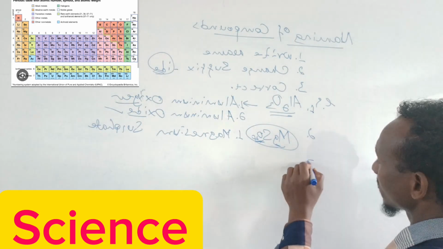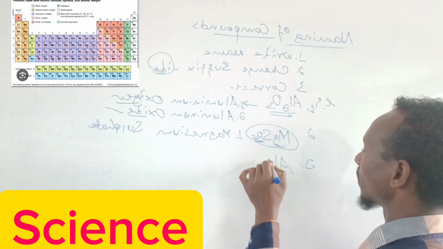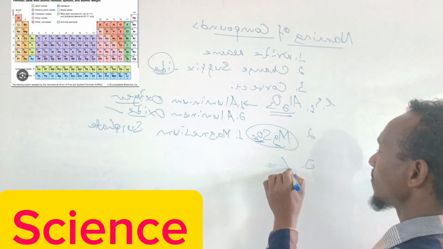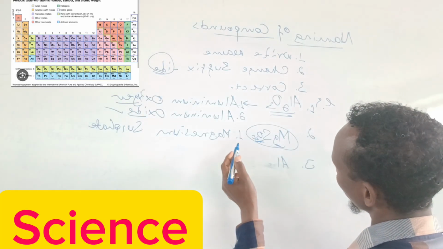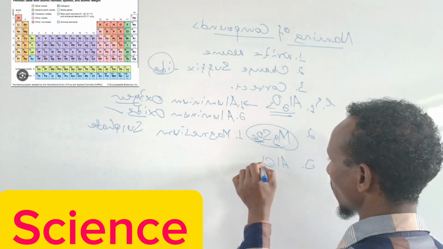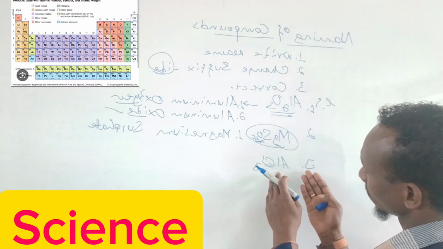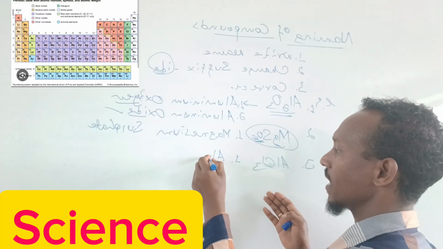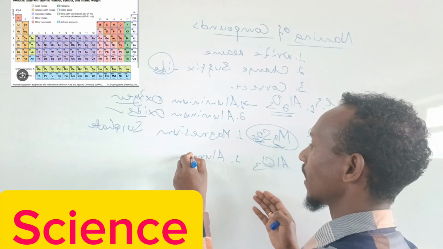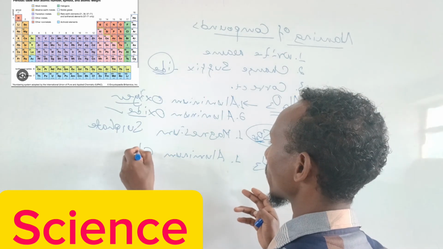The other one, example 3: aluminum chloride. This is the formula of aluminum chloride. To write the name of this compound, the first step is to write the name of the metal: aluminium, and chlorine.